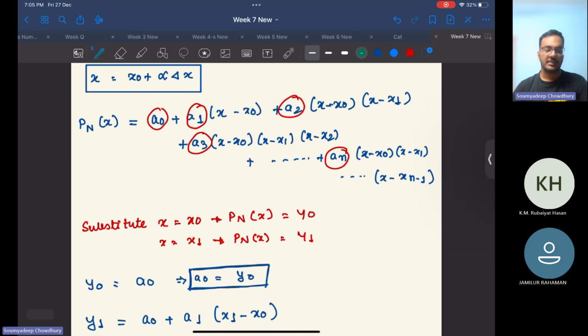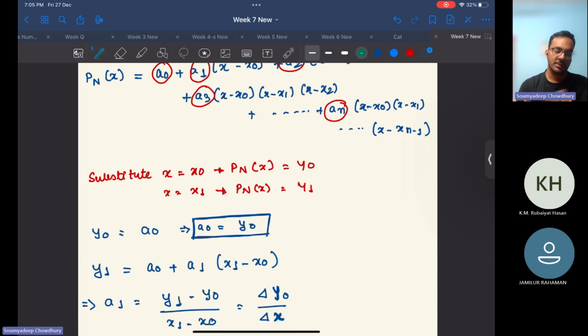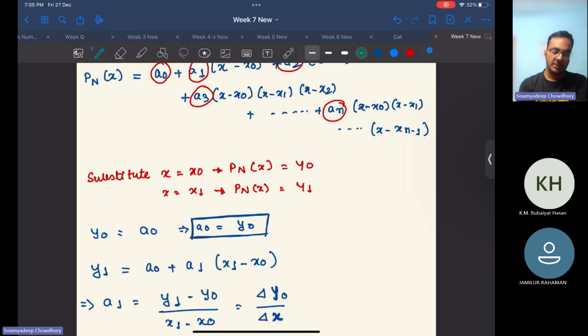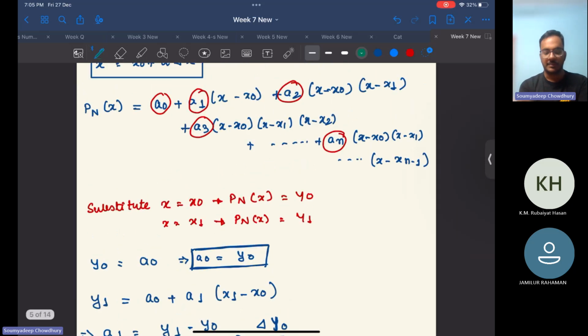If you substitute x equals x naught here, only the first term will remain. All other remaining terms will go to 0. So a naught, the first coefficient, equals y naught. Similarly, if we substitute x equal to x1, we get Pn of x is y1, equals a naught plus a1 into x minus x naught.